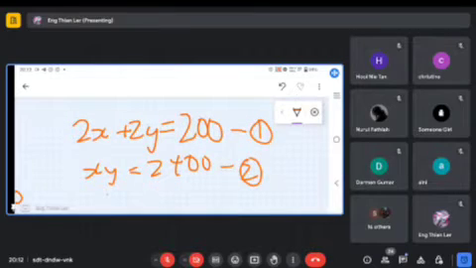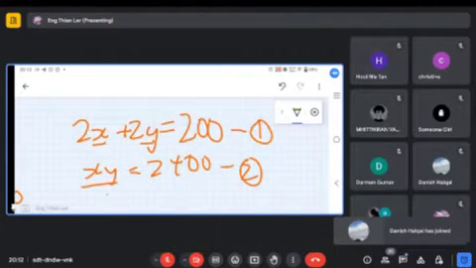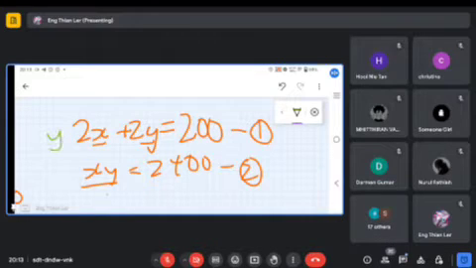So you see there's an xy here, and we only have x or y here. So to do this, you must multiply either x or y to both sides. So if you multiply y here, let's say I multiply y here, and I have to multiply y here too.